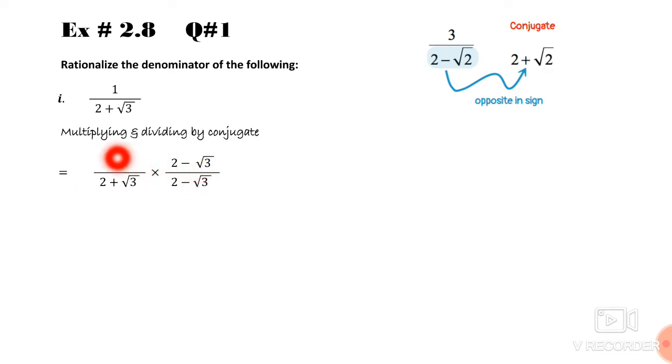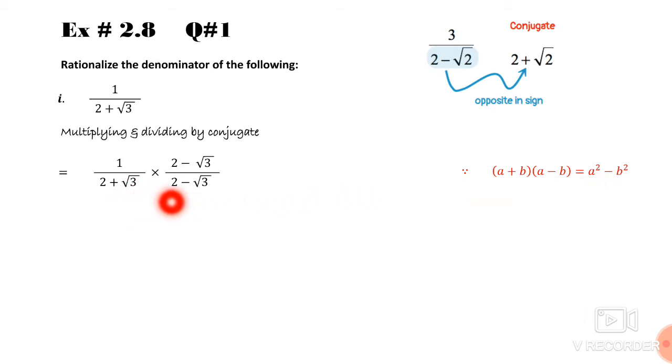Numerators can be multiplied directly because 2 minus root 3 multiplied by 1 is again 2 minus root 3. And in the denominator, we can see that we have 2 plus root 3, 2 minus root 3. We can see that we can apply this formula here: a plus b, a minus b is equal to a square minus b square.